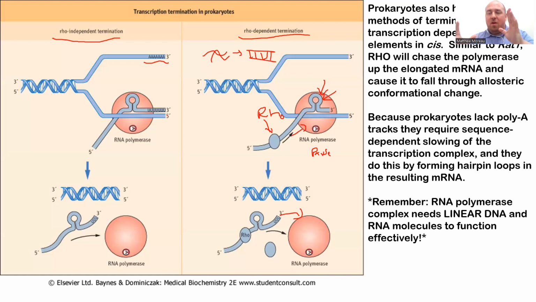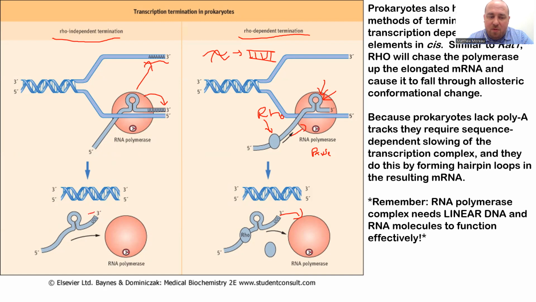So getting RNA polymerase through a polypurine tract to create a polypyrimidine tract is by and large really difficult. So what ends up happening is when the RNA polymerase reaches this polypurine tract, creating a polypyrimidine RNA, it can no longer maintain that site.